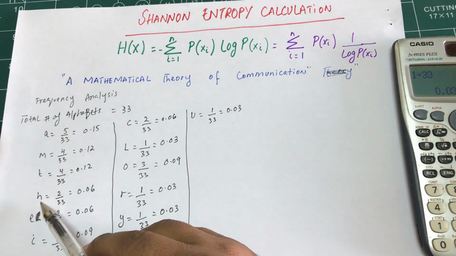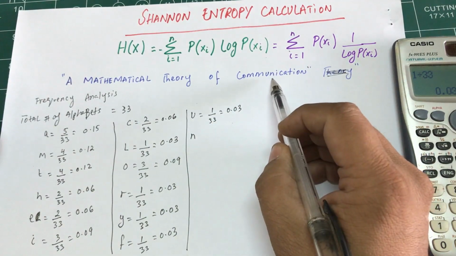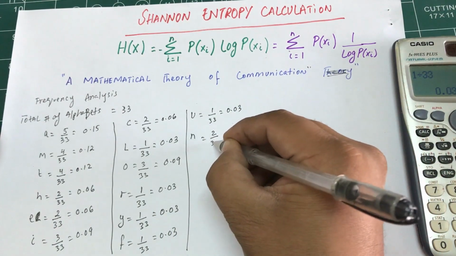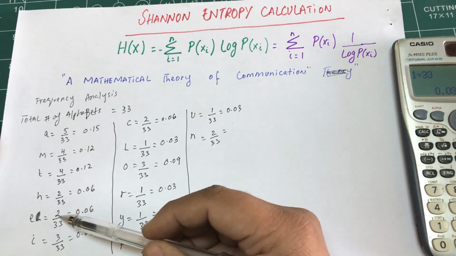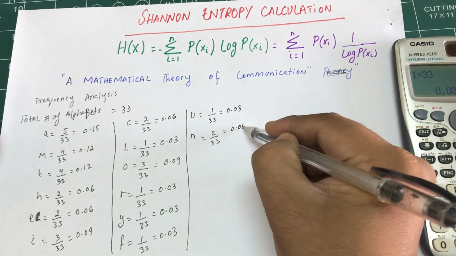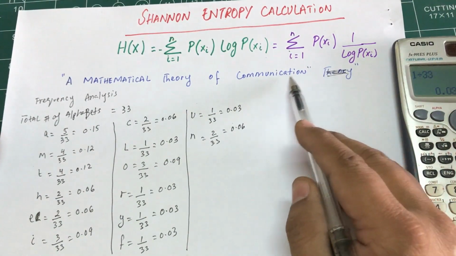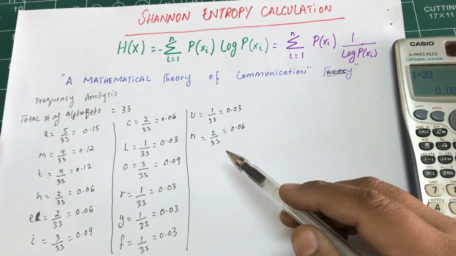N has occurred how many times? 2 times. 1, 2. So 2 over 33 would give me 0.06. All right. So far so good. I think we're done.